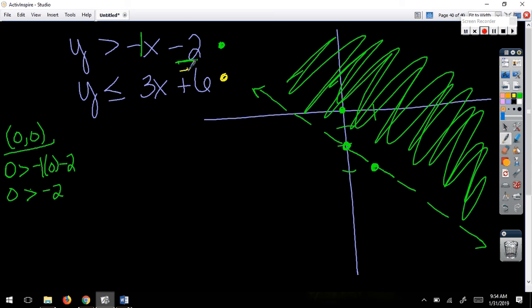Let's do negative 6. All right. So I'm going to go down to 6. 1, 2, 3, 4, 5, 6. And then I'm going to go up 3 over 1. That's okay.